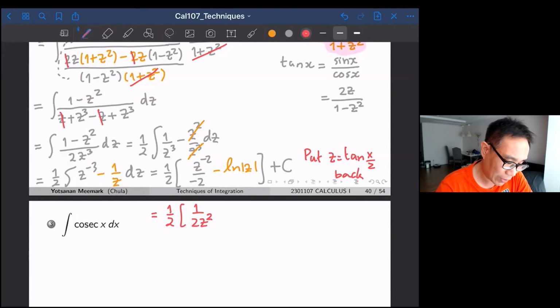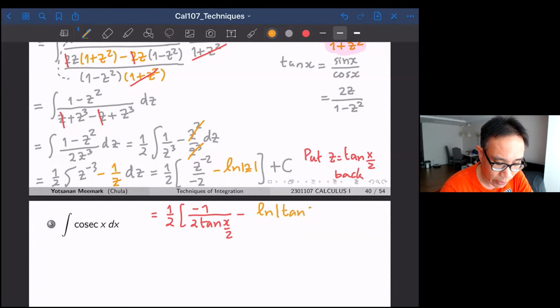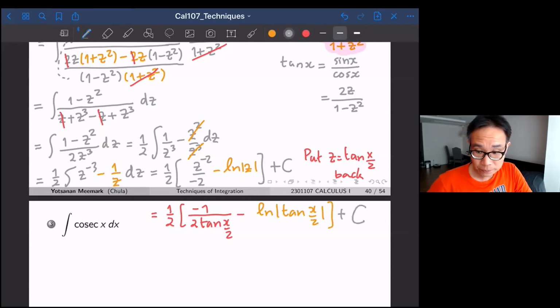I don't have negative here because I'm going to have only one negative. Sorry, I have negative on the bottom already, and I'm going to change. So it's going to be 1 over 2 tan squared of x over 2, minus log absolute tan x over 2, and you're going to plus c for the final answer.